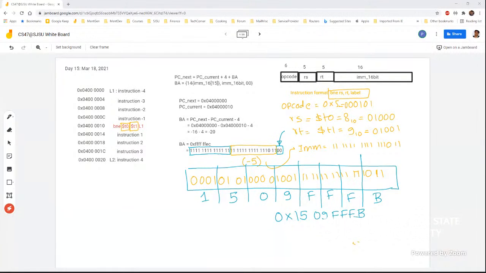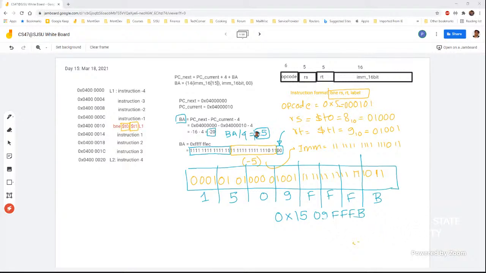What that essentially means in terms of mathematical operation is that we are taking the branch address offset and doing a divide by 4. Here the offset was -20, so -20 divided by 4 would be -5.